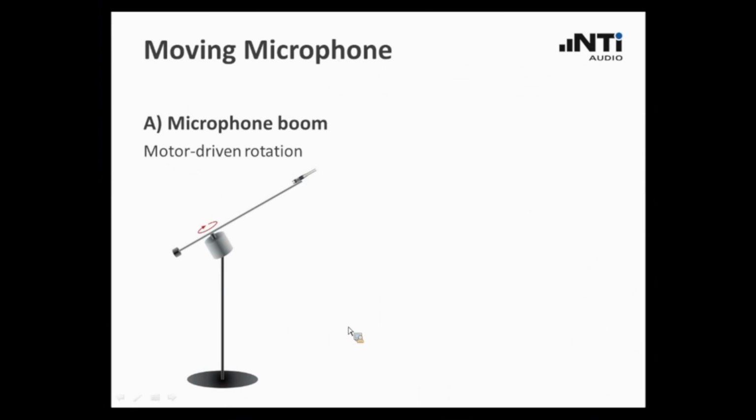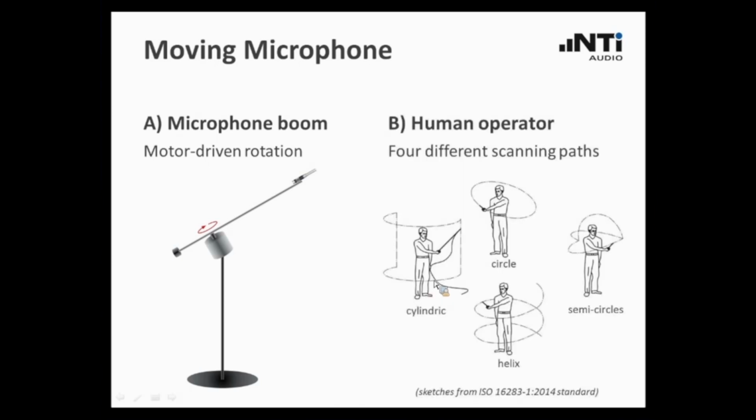I've been talking about changing microphone positions. So there are two ways to achieve that. One is here the microphone boom. This is an automated motor-driven device that slowly rotates the microphone in a circular plane. Or you can do that manually by holding the microphone or the sound level meter.